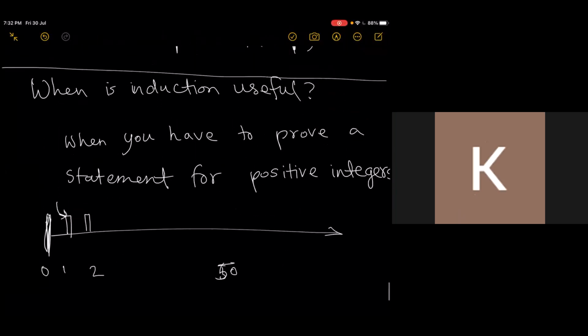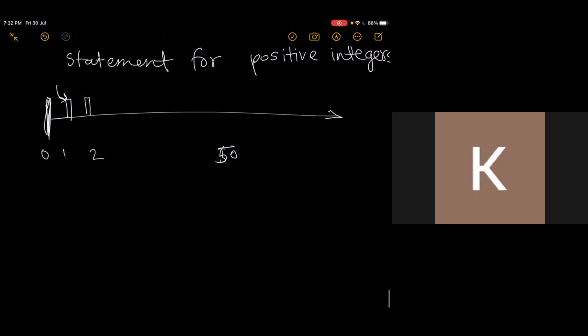So when you have a statement for positive integers, just by seeing the question, you can think of applying induction if there is some n, or a sequence of integers, a formula, something like that. But induction is also very useful in questions where you least expect it.